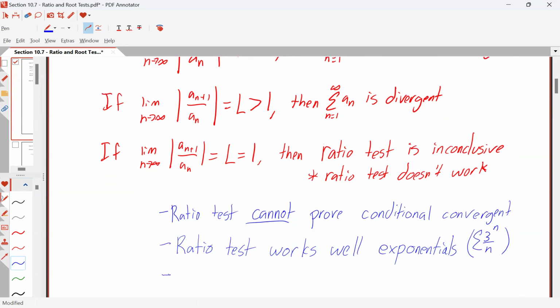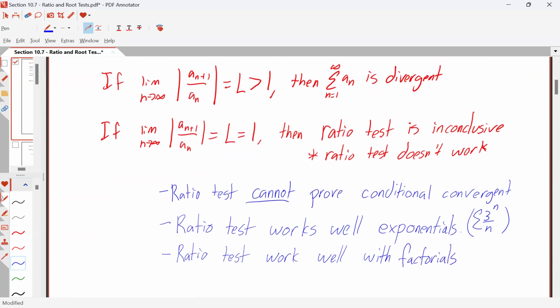The ratio test also works really well with factorials. Almost to the degree of if you see a factorial, the first test you should try is the ratio test. In fact, it is the test you should try first.